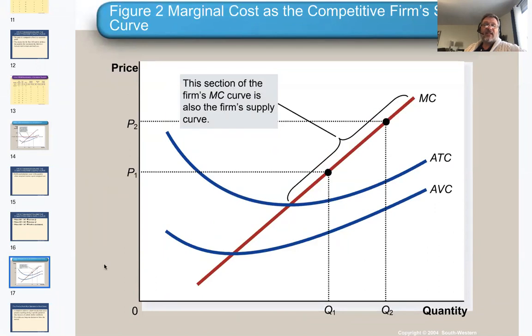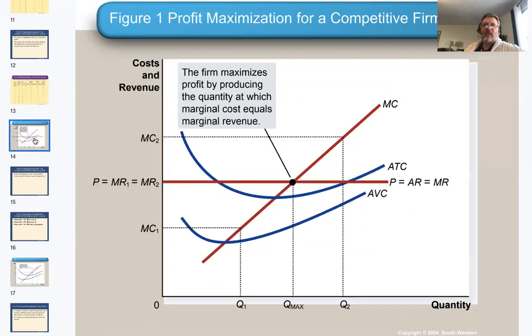The last thing that I want to say today before we stop and talk about other things is this gives us a new idea of more precisely defining what the firm supply curve is. My promise to you was that we wanted to look behind supply and see what affects the firm's supply decisions. So now we know that the marginal cost curve is going to define how much the competitive firm wants to produce.